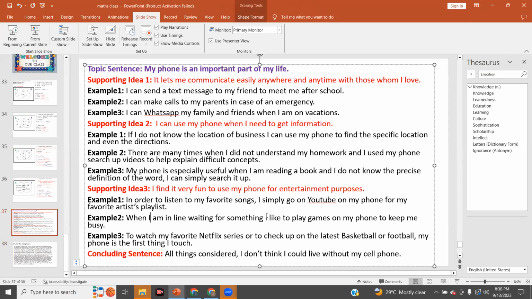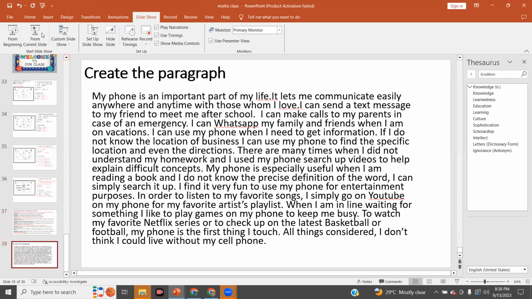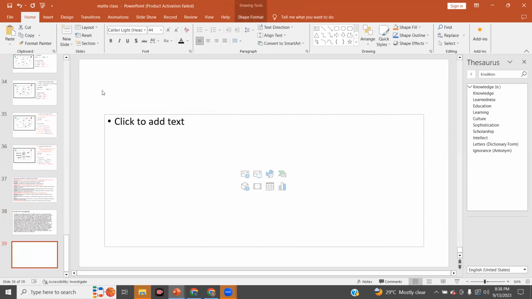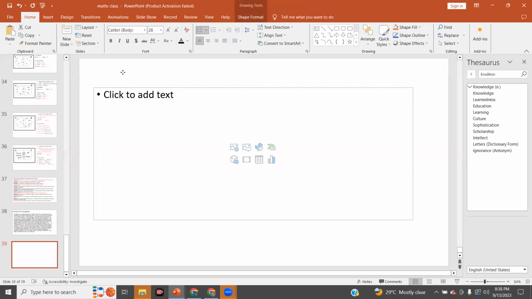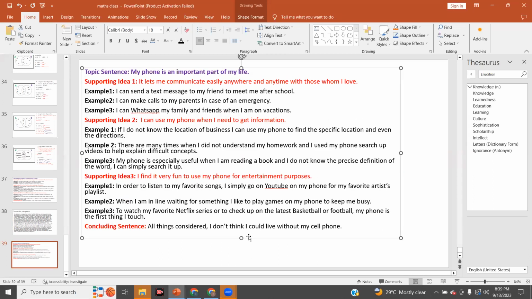So I remember that I told you all to replace the word that you had, the most important thing. And I want you to fill in the options, right? Just like how I filled mine in. I want you all to fill yours in and send it to me, please. So instead of using my phone, if you chose phone, that's fine. But for you, I want you to fill in the blank, right?